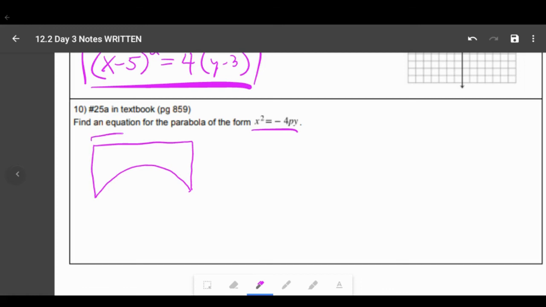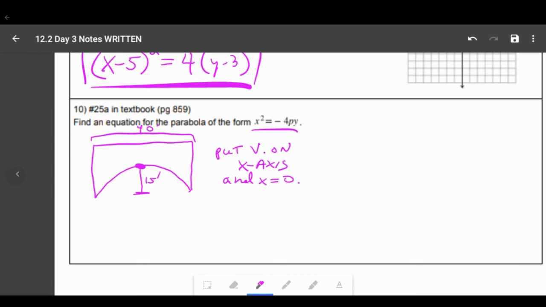It tells us that from end to end, it is 40 feet. And it tells us from the vertex down to the bottom of this part here is 15 feet. Okay. And the suggestion is to put the vertex on the x-axis and that x equals 0 is where the vertex will be.